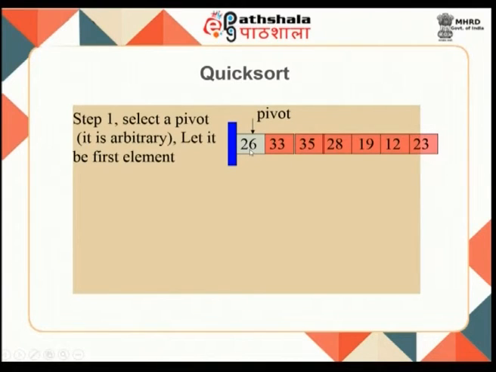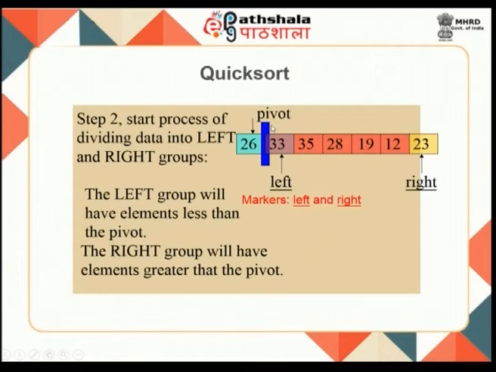The logic is very simple. Left hand side should be lesser than the pivot. So, that means we have two groups, left as well as right, such that the left group will have elements lesser than the pivot element and the right group will have the elements that are greater than the pivot element.